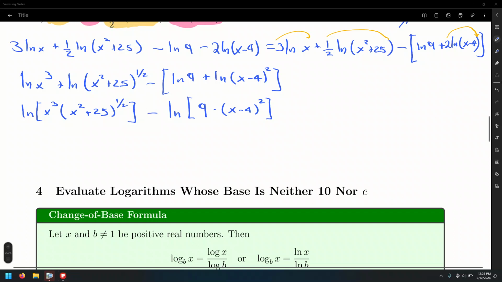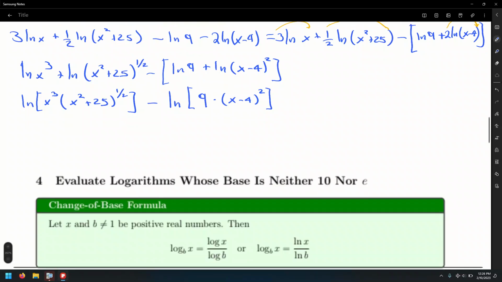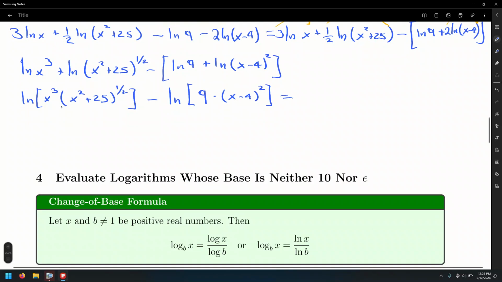So see how every time we see fewer ln symbols until we reach one single ln symbol. Let's use, in this case, the difference to become a quotient. Keep in mind that order matters in a difference or a quotient, right? So the first one goes in the numerator, and the second one goes to the denominator.